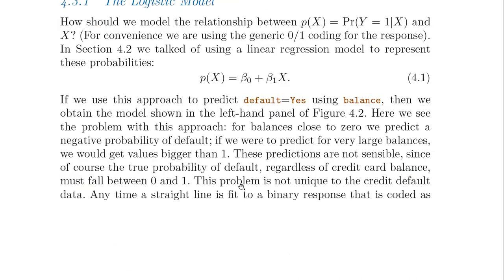Here we see the problem with this approach. For balances close to 0, we're predicting a negative probability, and for very large balances, the probability will exceed 1. These predictions are certainly not sensible, since the true probability of default, regardless of credit card balance, should really fall between 0 and 1.